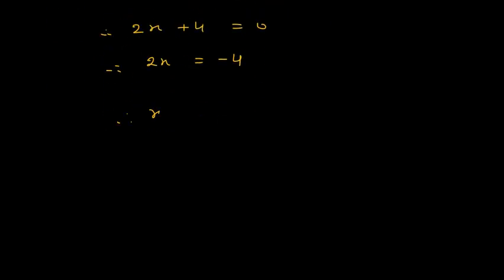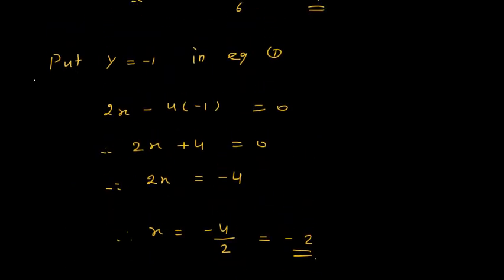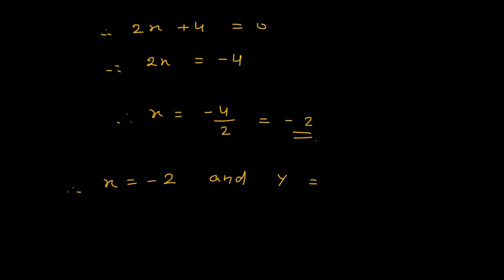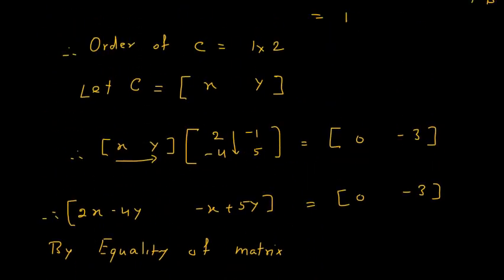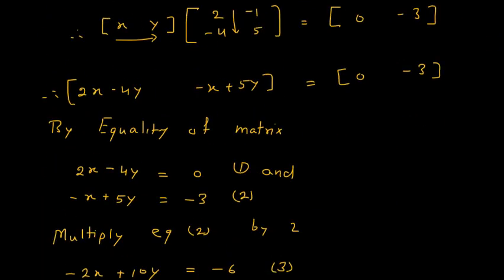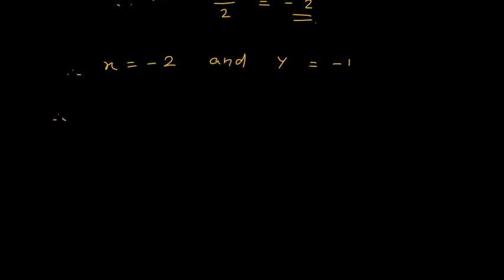So this will give us x is equal to minus 4 upon 2, which is minus 2. So we have x is equal to minus 2 and y is equal to minus 1. Therefore this x comma y, the matrix C, is minus 2, minus 1.